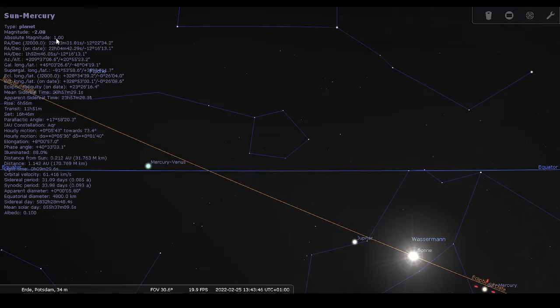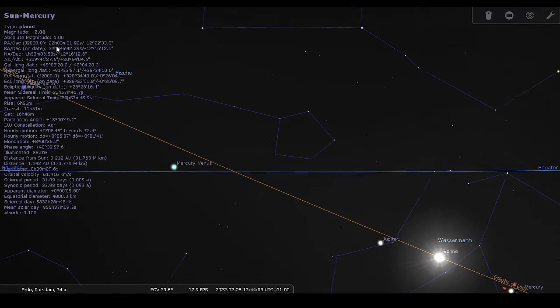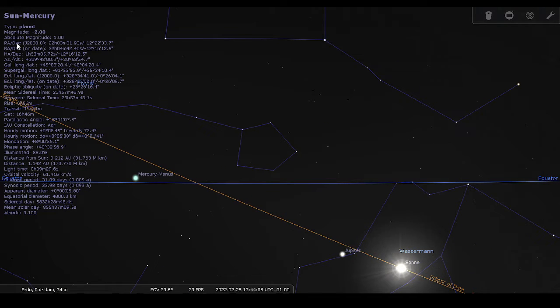The absolute value is about, if you're looking at that planet at 1 astronomical unit distance and it's illuminated 100%, so there is no phase angle. It's 0 degrees. And right ascension and declination.